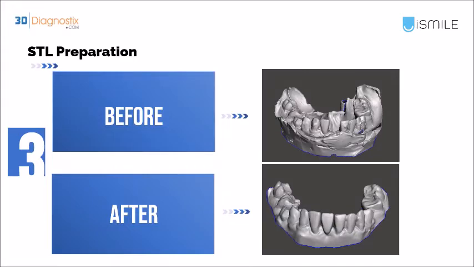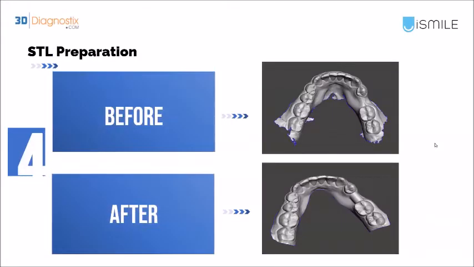So the doctor can fill that void or the space of the artificial tooth with tooth colored materials or composite materials to be aesthetically good for the patient. As you can see in this case, number 25 was missing due to an extraction, I think. And after the STL was prepared, we added an artificial tooth or a Pontic for aesthetic reasons.